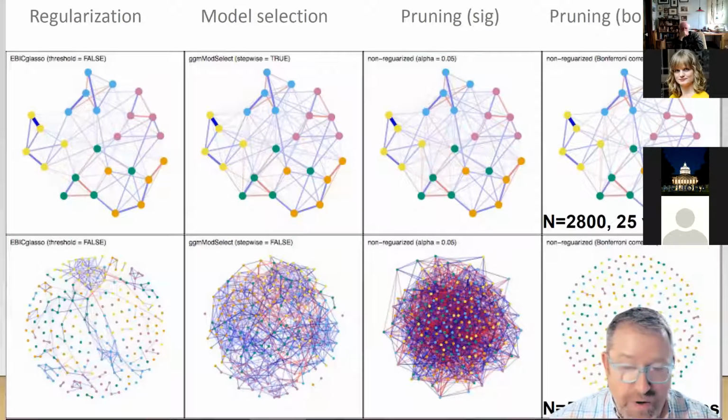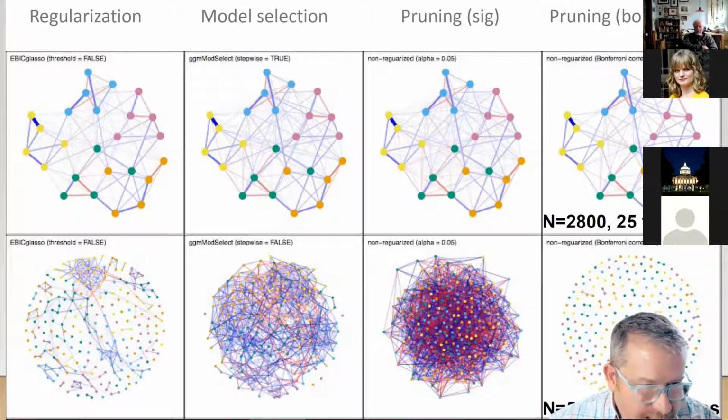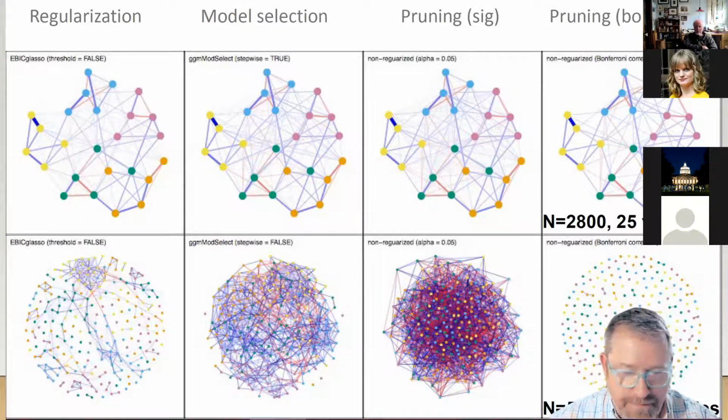But in small data sets, which strategy you pick radically affects it. And that's why they recommend lasso regularization, which is done with the EBICglasso function.